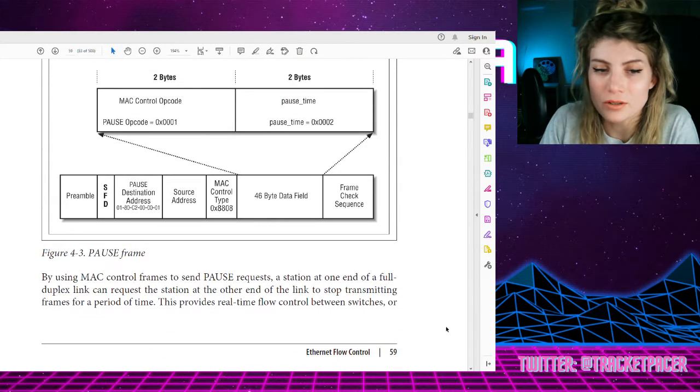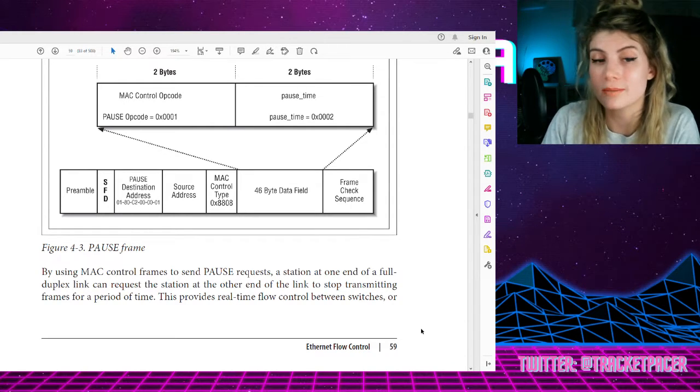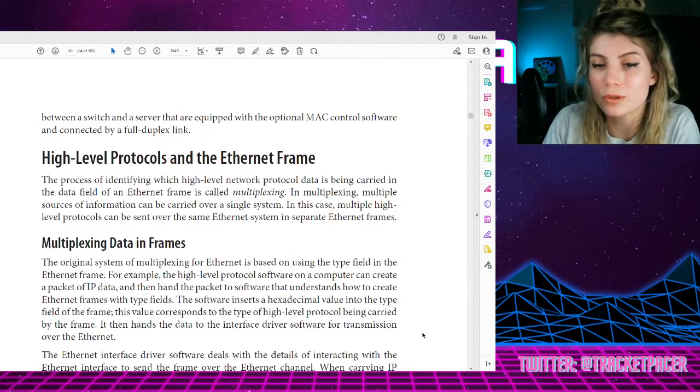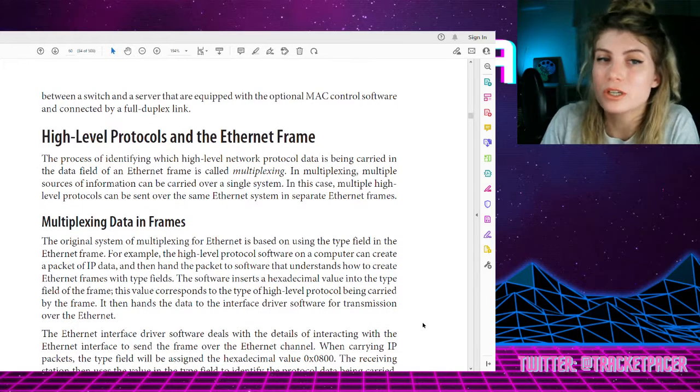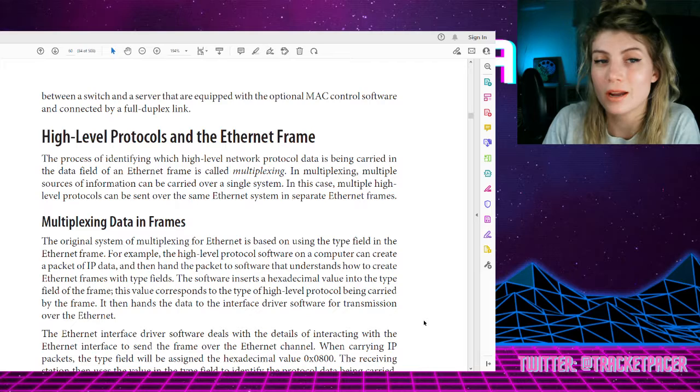Fun. By using MAC control frames to send pause requests, a station at one end of a full duplex link can request the station at the other end of the link to stop transmitting frames for a period of time. This provides real-time flow control between switches or between a switch and a server that are equipped with the optional MAC control software and connected by a full duplex link.